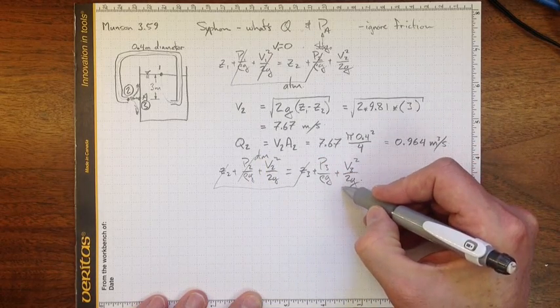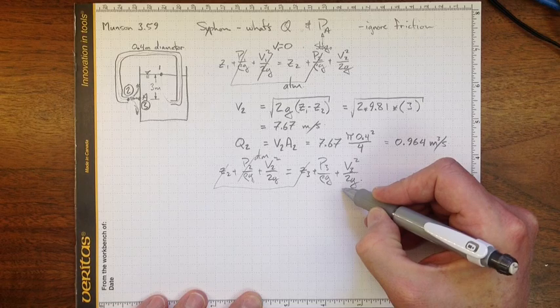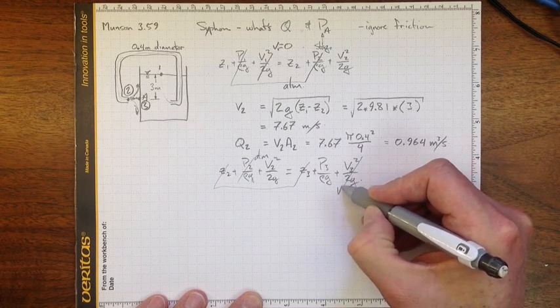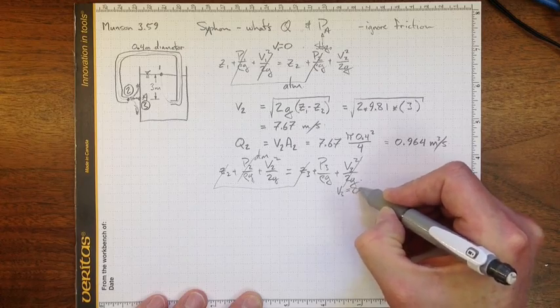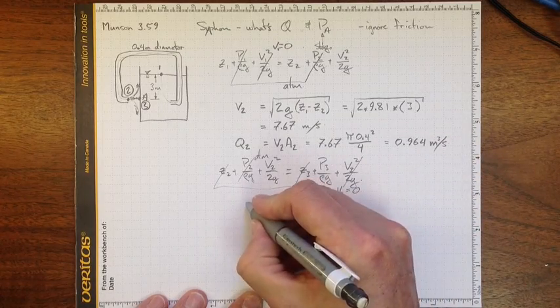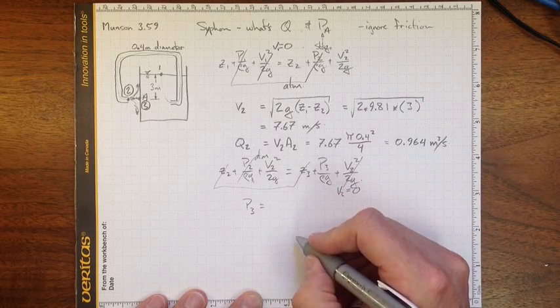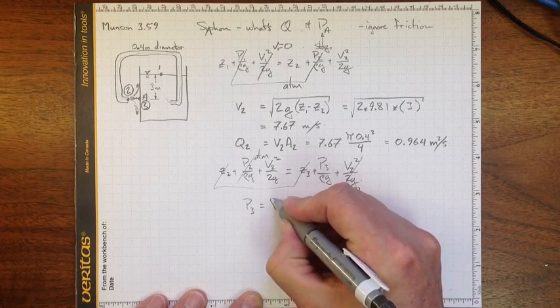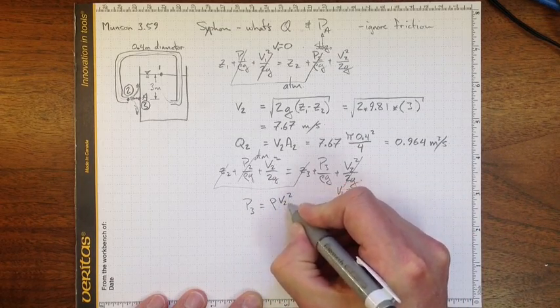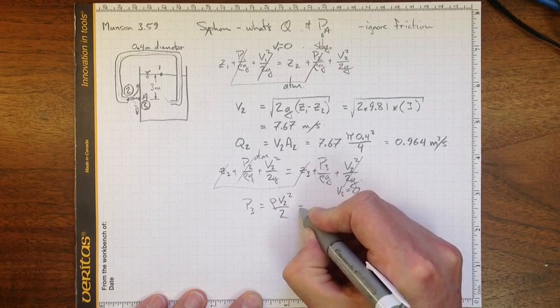And we'll say that V3 is 0 because it's a stagnation point. And we wind up with P3 equal to rho V2 squared over 2.